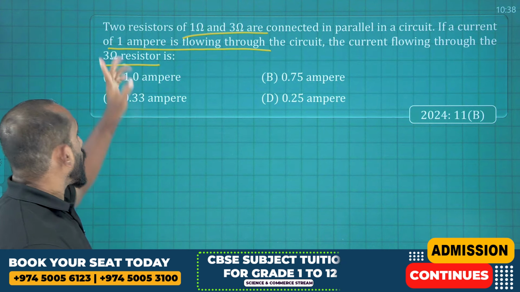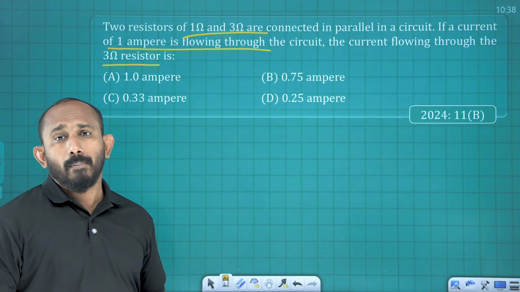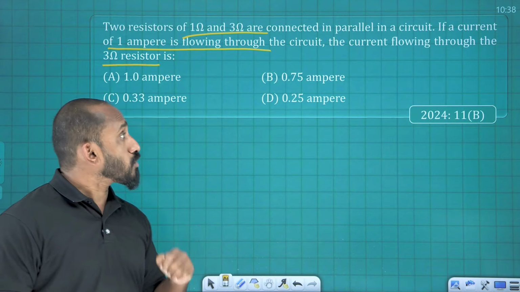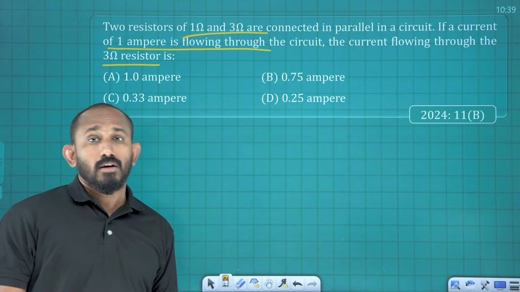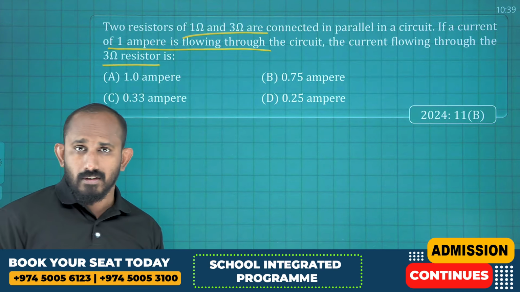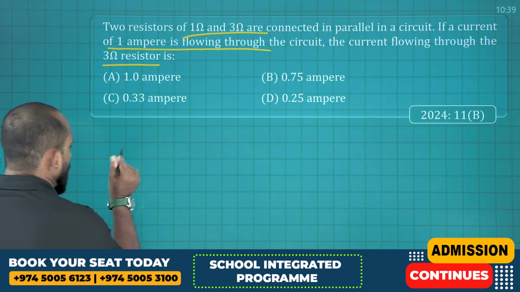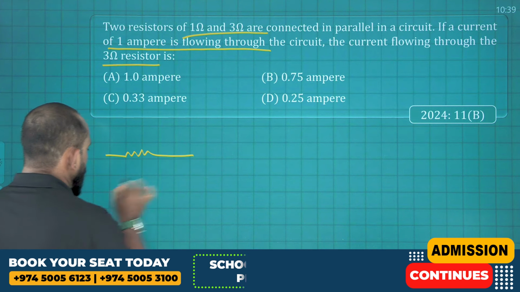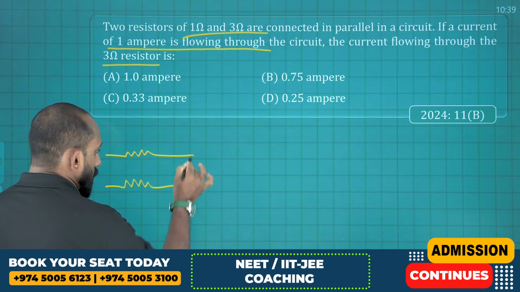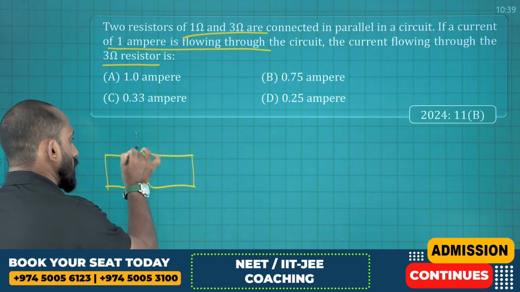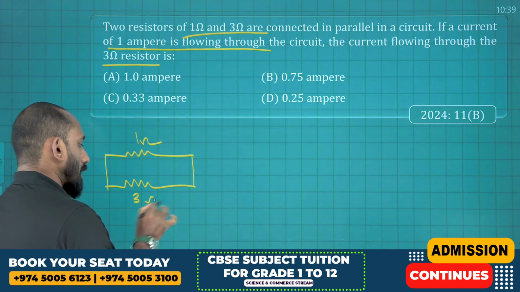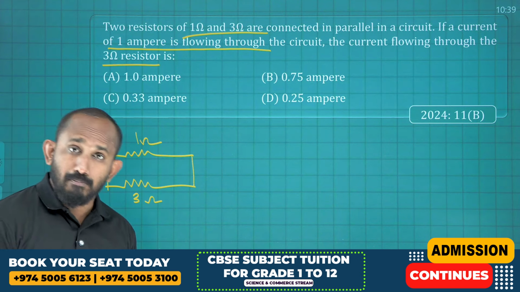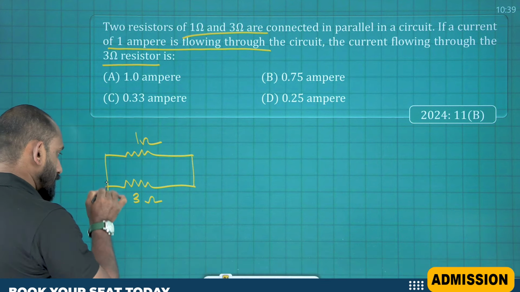Total current is 1 ampere. In the 3 ohm, how much will be there? In a parallel combination, take utmost care, voltage is the same but current is different. So 2 resistors, 1 ohm and 3 ohm, are connected in parallel.